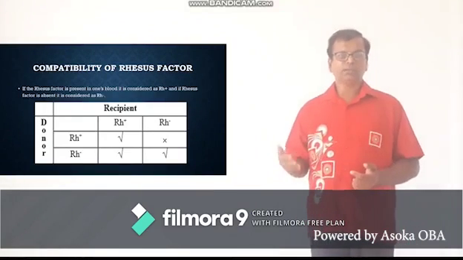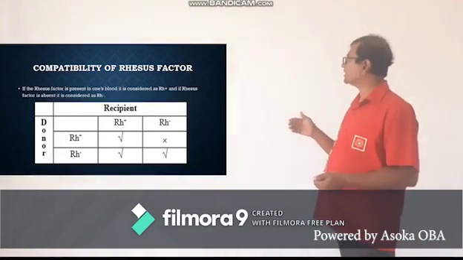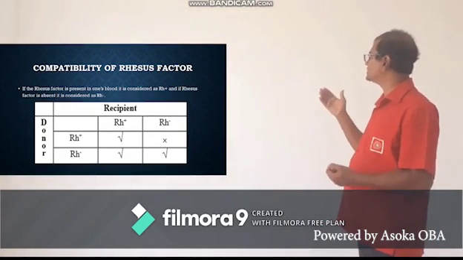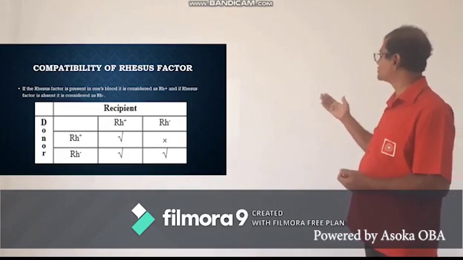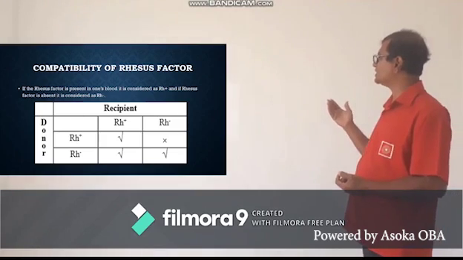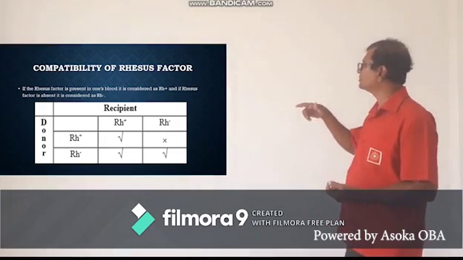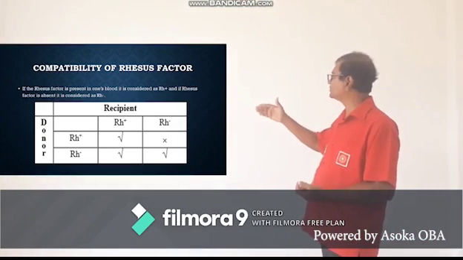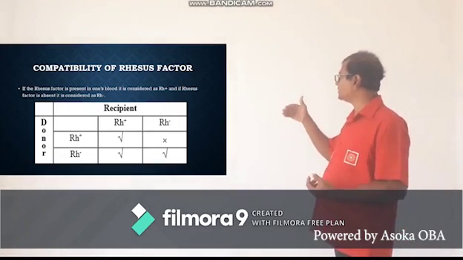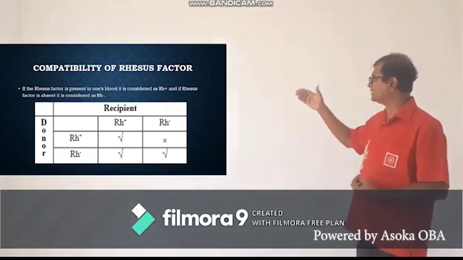Right, let's study compatibility of rhesus factor. If the rhesus factor is present in one's blood, it is considered as Rh positive. And if rhesus factor is absent, it is considered as Rh negative. The person who belongs to Rh positive can give blood to the person who belongs to Rh positive.